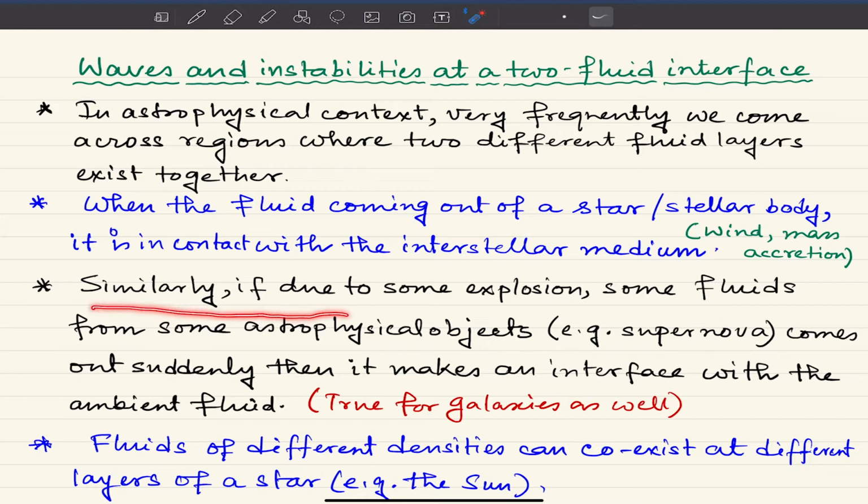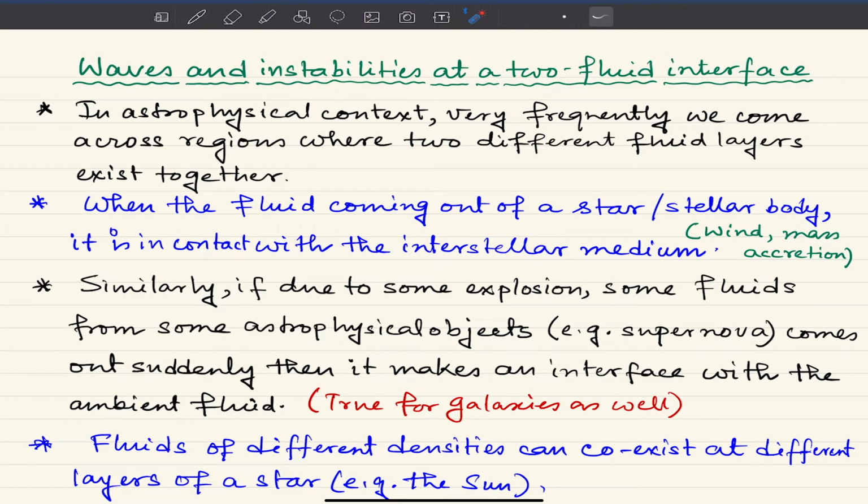Similarly, another instance of an astrophysical two fluid interface is due to some explosion. We know from our previous discussion of supernovae that a supernova explosion is one of the most important explosions in astrophysics. Due to that explosion, fluid comes out from the object, and when it comes out suddenly, it makes an interface with the ambient fluid.